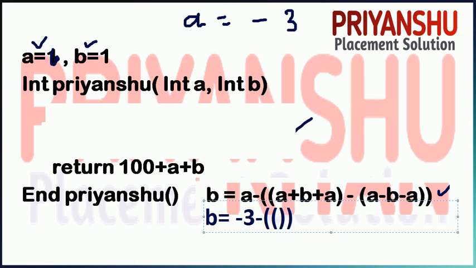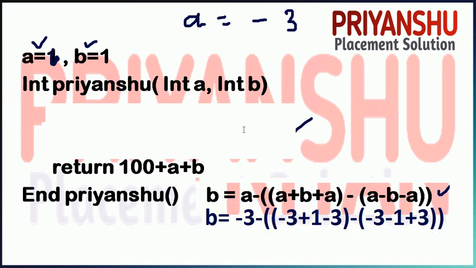So the value of a is minus 3, then plus the value of b is 1, and the value of minus a is minus 3, right? Then minus, then friends again bracket, then a minus b, then minus a. See, the minus a means minus 3, so it means plus 3. So this plus 3 is cancelled by this minus 3, then it gives minus 1, so minus 1 and minus 1, so it gives plus 1.